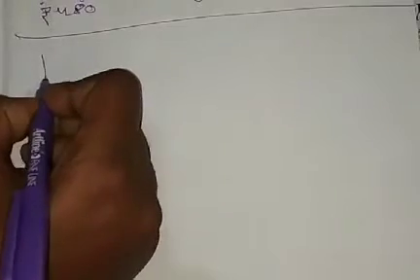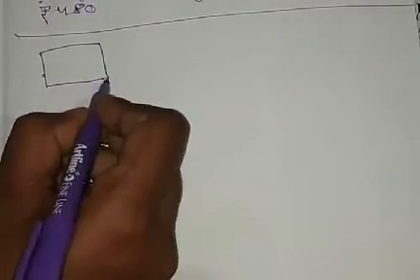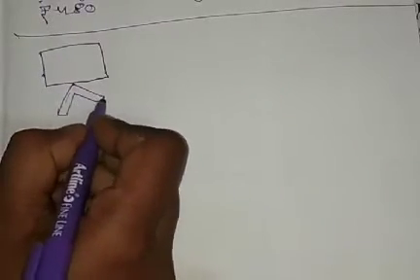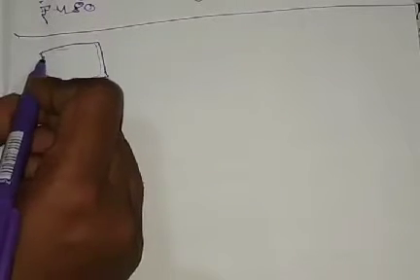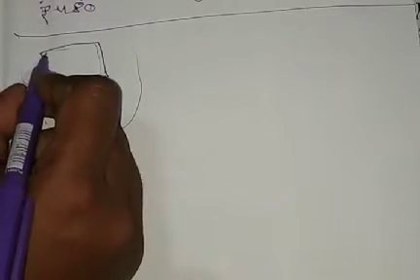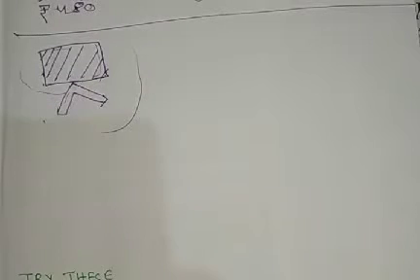If this is a blackboard, okay, so this is the blackboard. How much place does this occupy? Occupy means this is a space and here this is occupying this much space. So what do you need?